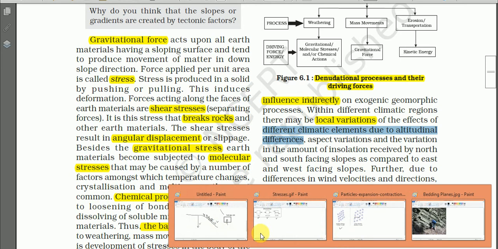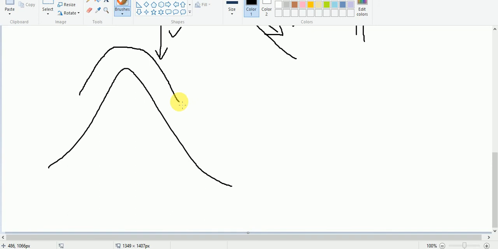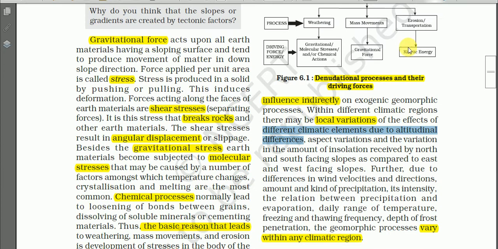If this is a very high mountain, because of the altitude, the top of the mountain may be covered with snow and ice, and the type of geomorphic process acting there is different compared to the low-lying areas. In the low-lying areas the agent may be running water or rainwater, but on top of the mountain there may be a glacier as a geomorphic agent.